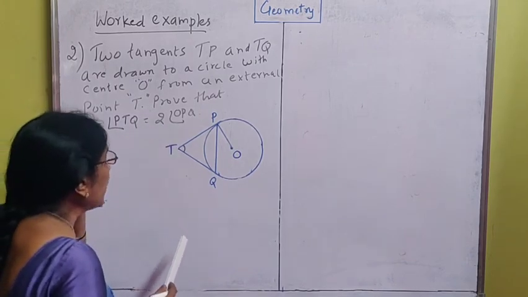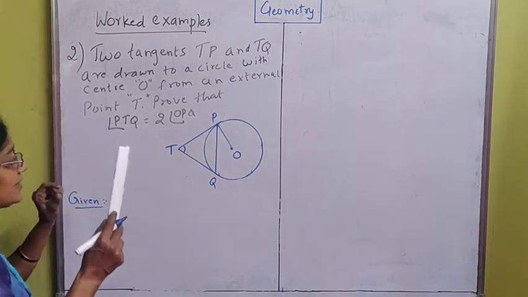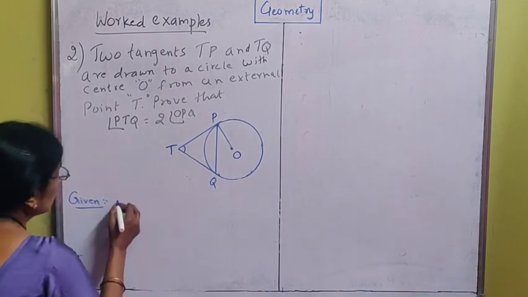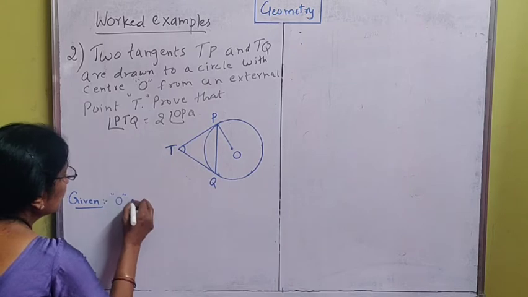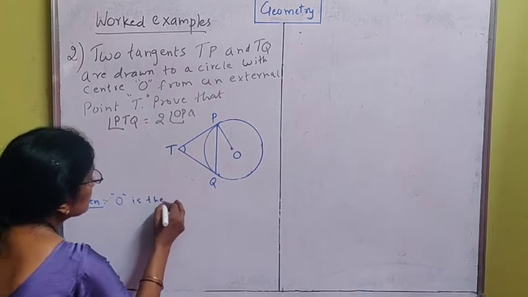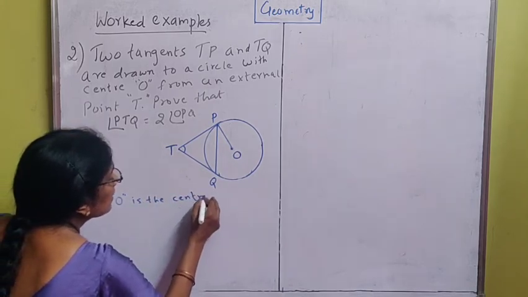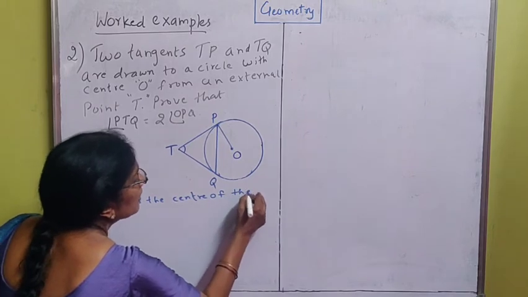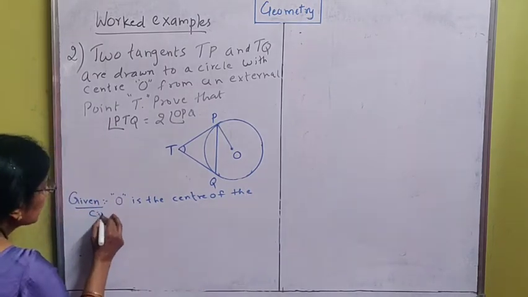So, what will you write down as the given? O is the center of the circle.